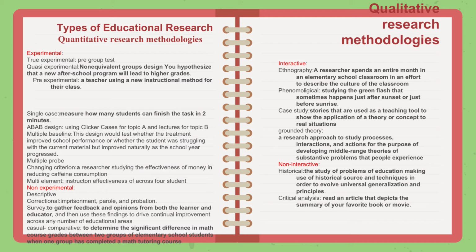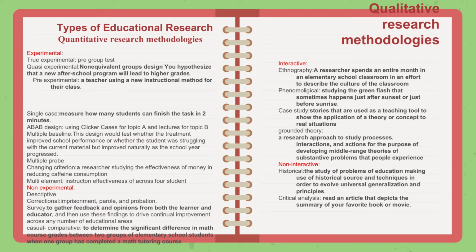You hypothesize that a new after-school program will lead to higher grades. Pre-experimental example is a teacher using a new instructional method for their class. In single case, the example is measuring how many students can finish the task in 2 minutes.